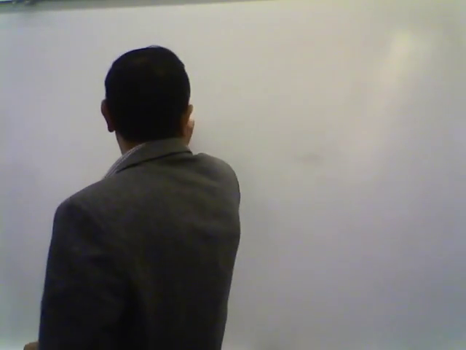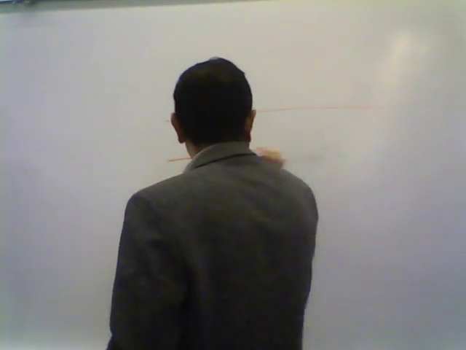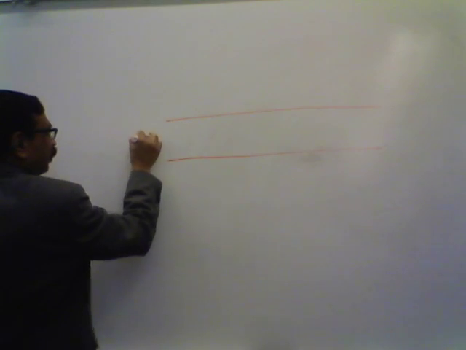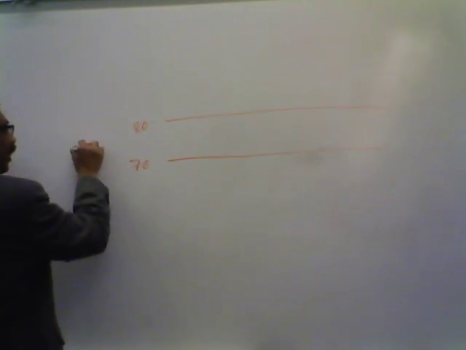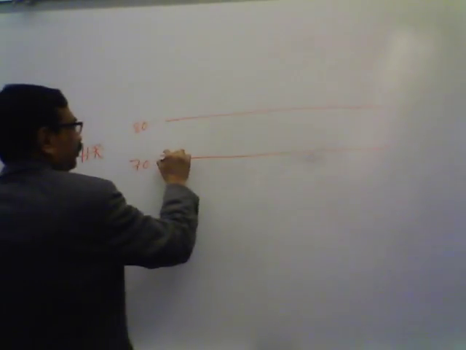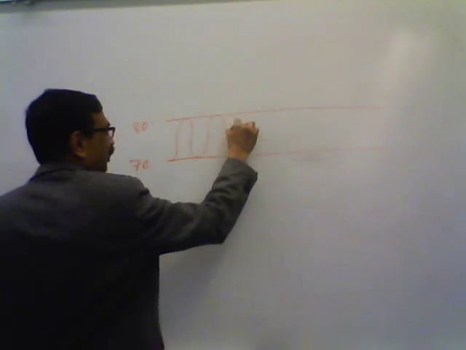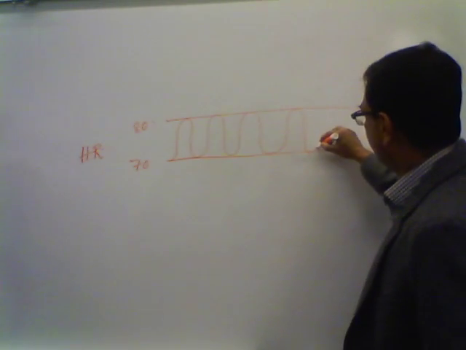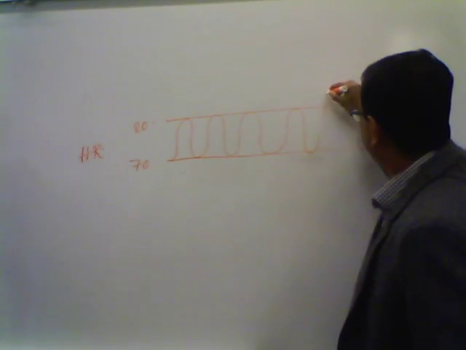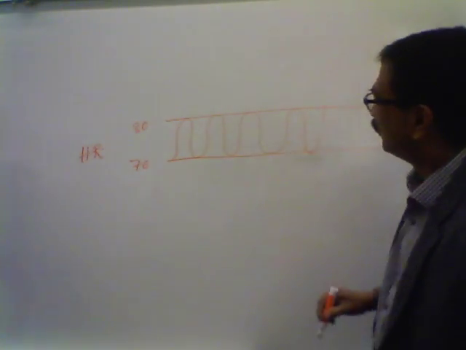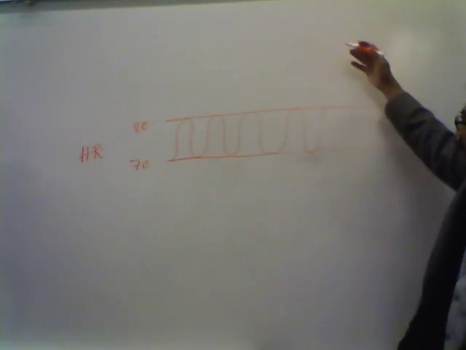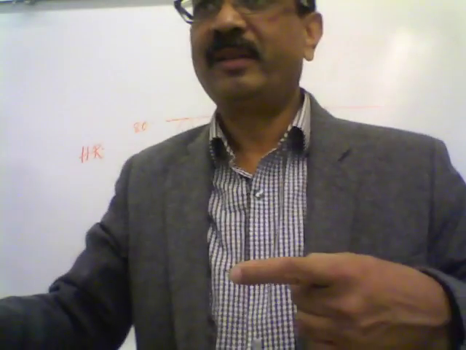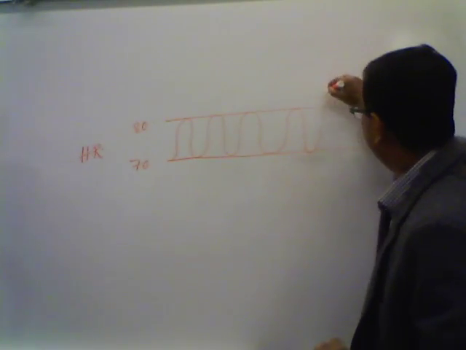Let me give you an example. Your heart rate is between 70 to 80. So it varies between that. For any reason, if your heart rate goes up beyond the upper limit, then your homeostasis will work to bring it back to normal.